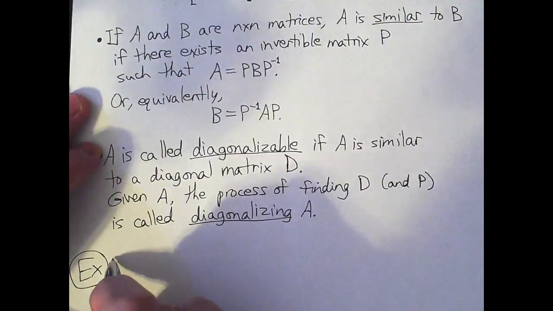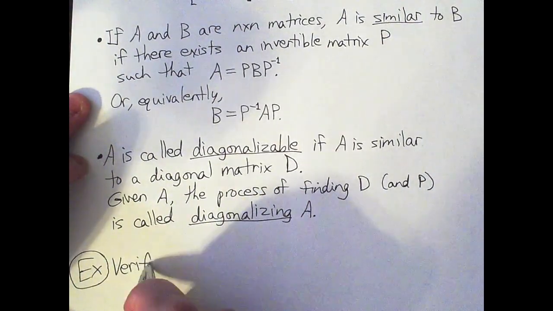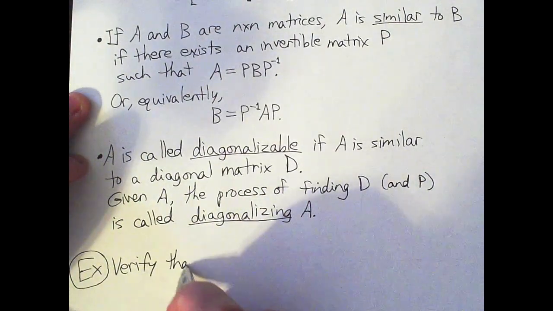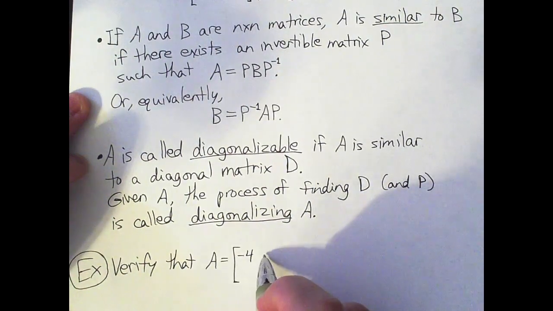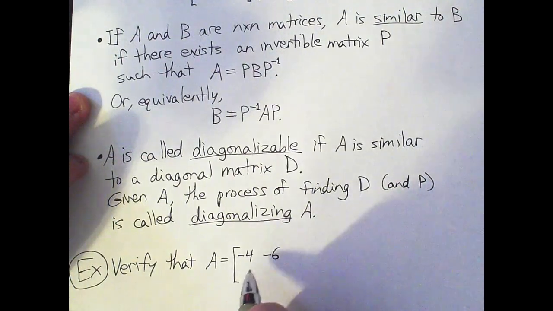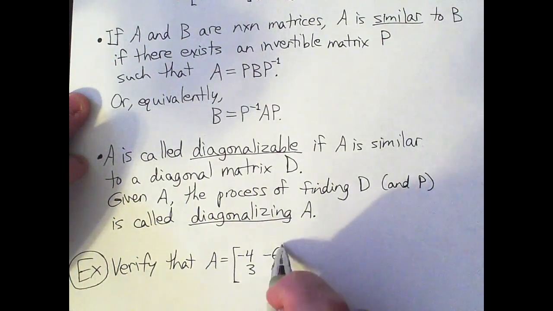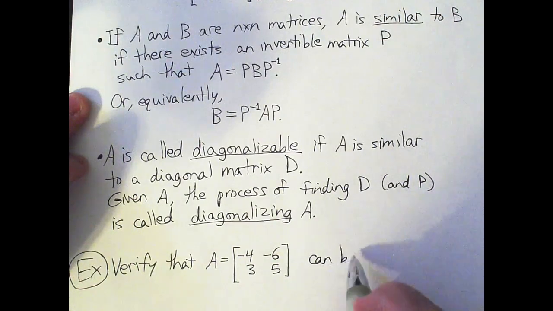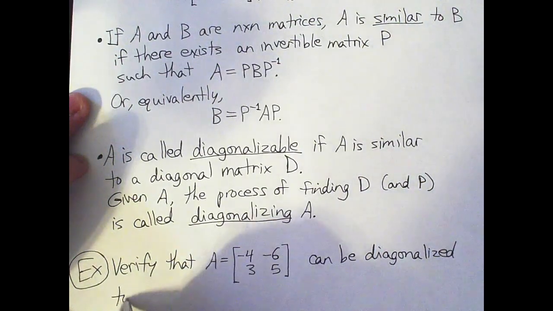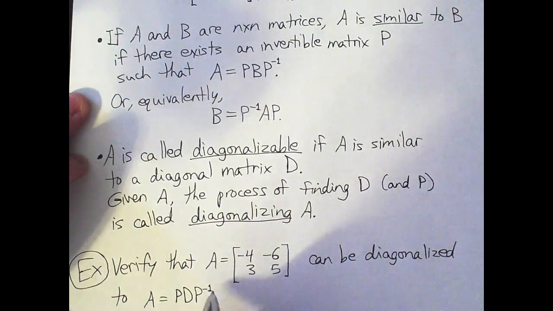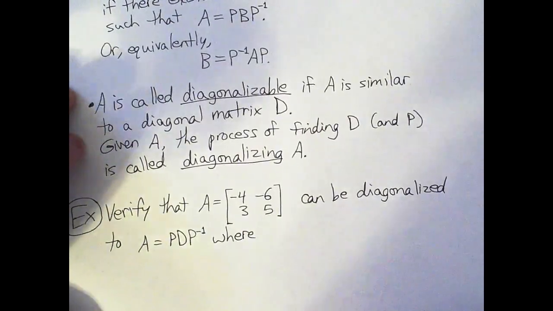But before we do that, we're going to do an example where we just verify that A equals this 2x2 matrix, -4, -6, 3, 5, can be diagonalized to A equals P D P inverse, where this problem is going to give us those matrices.